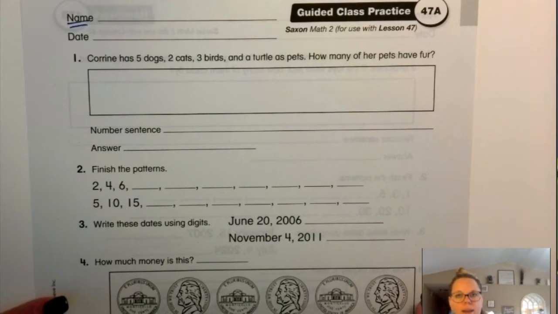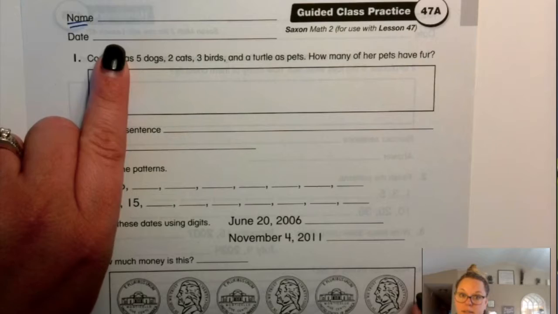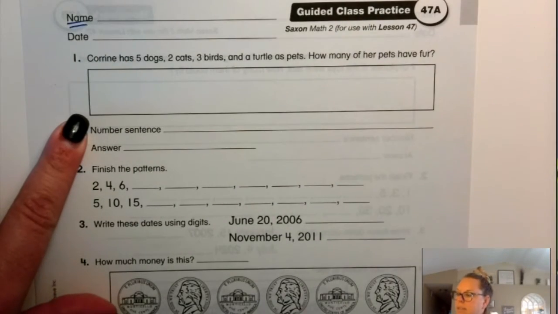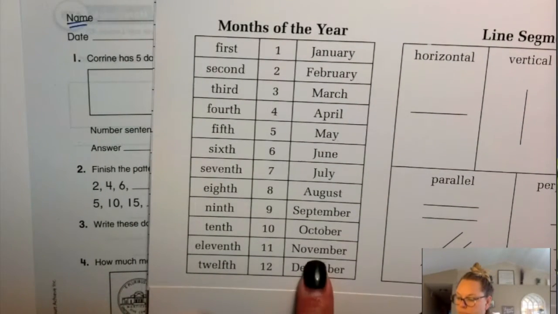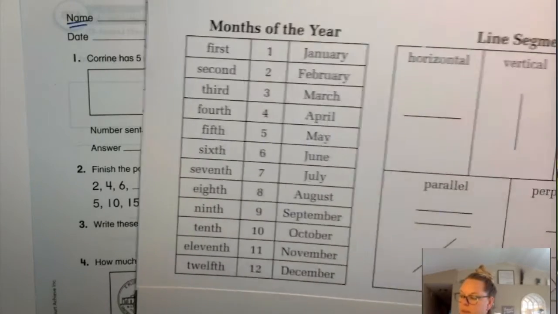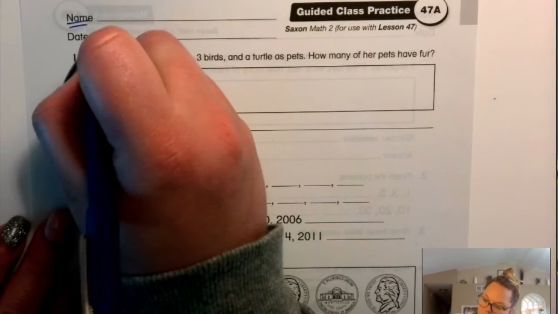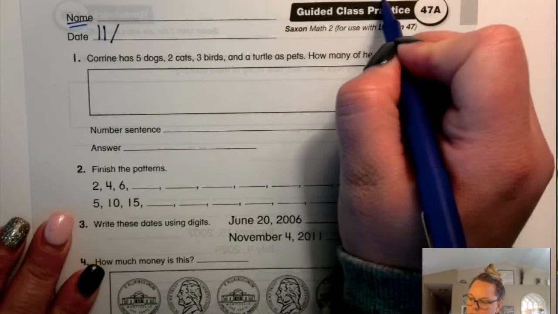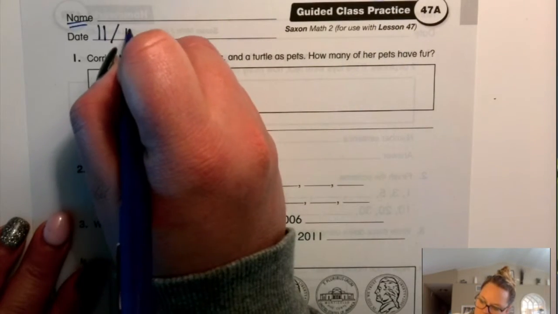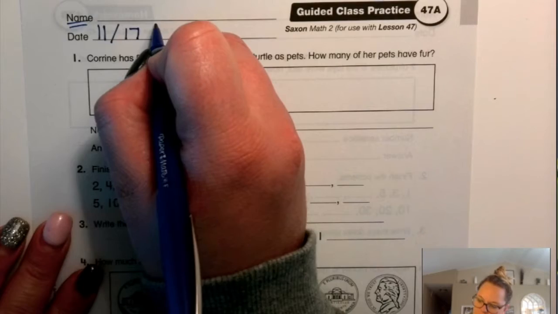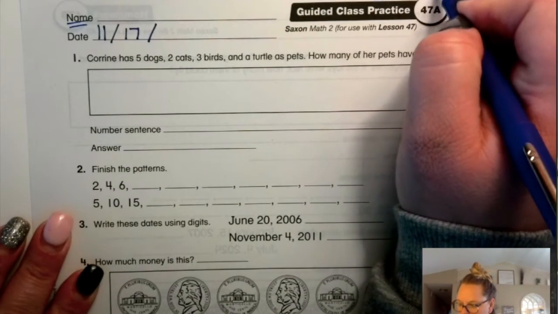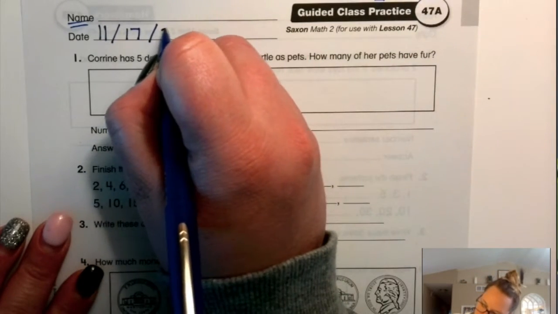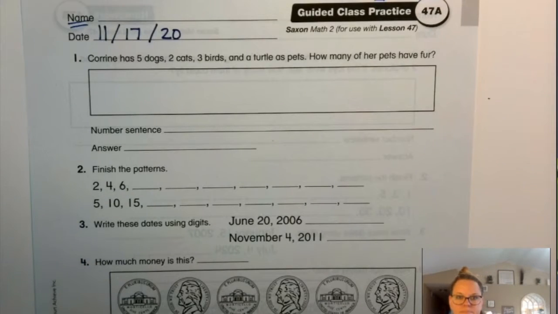So if I'm writing that date in digits, November we said is the 11th month of the year. 11 slash 17, because that's the date, slash 20. Okay?